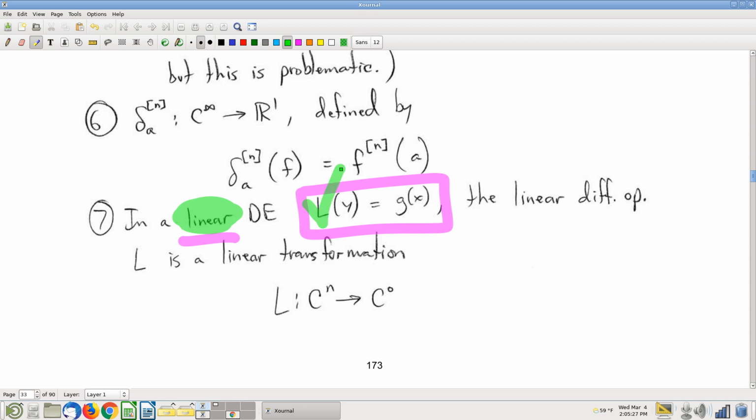Go back to the lecture notes. I think it's the very first page of lecture notes on Chapter 4. I write down a proof, gory in details, that demonstrates that this L is in fact linear. We just didn't say the words linear transformation at that time. But go back and take a look, and sure enough, this is already done.